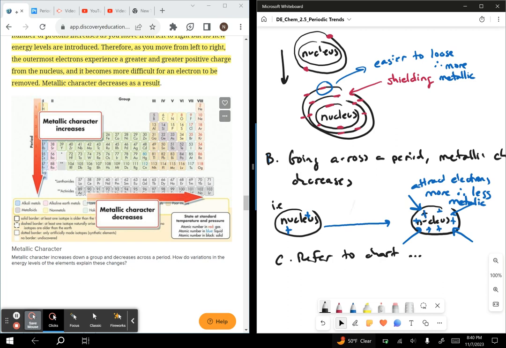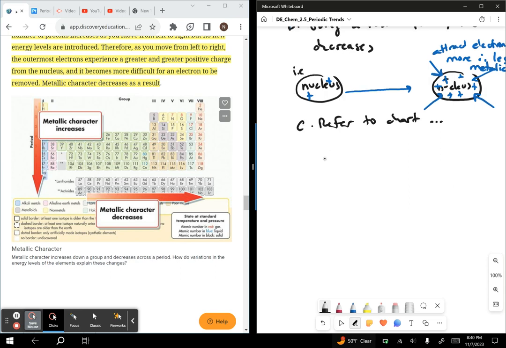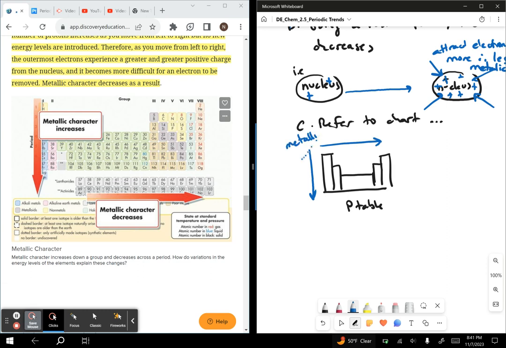But that basic idea was that with your periodic table, what do we say about metallic character? Metallic character increases this way, and metallic character increases going this way. Okay, that's what we're trying to say there. All right.